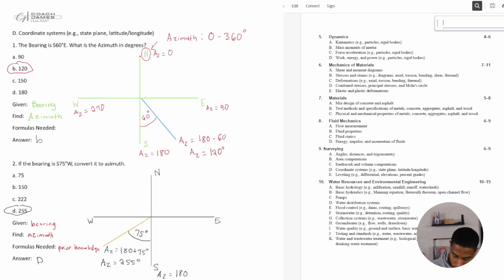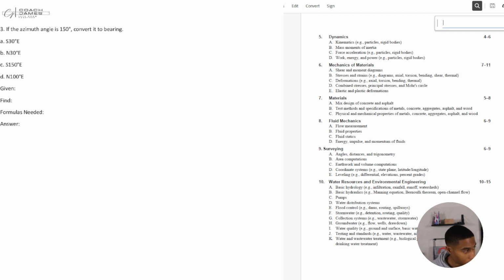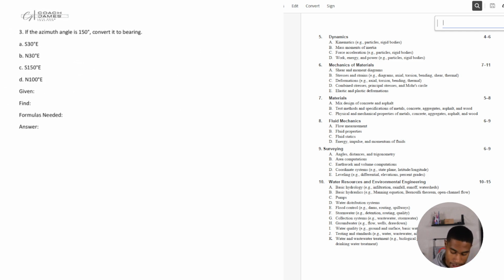All right, let's look at number 3. If the azimuth angle is 150, convert it to bearing. Again, similar things. We are given the azimuth, and we are asked to find the bearing this time.